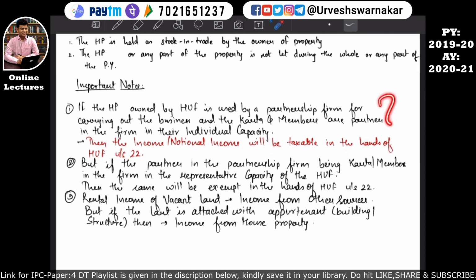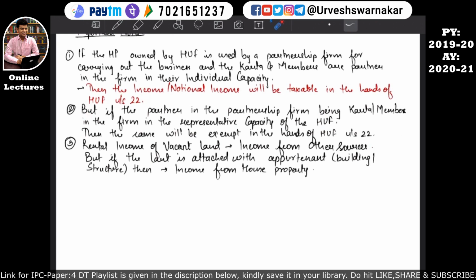So basically this is a theory. So point number 2 is simply an extension of point number 1. So what does point number 2 say? But if the partner in the partnership firm, being karta or member in the firm, is in the representative capacity of HUF, then the same will be exempt in the hands of HUF. So what is this point saying? Let's understand it over here.